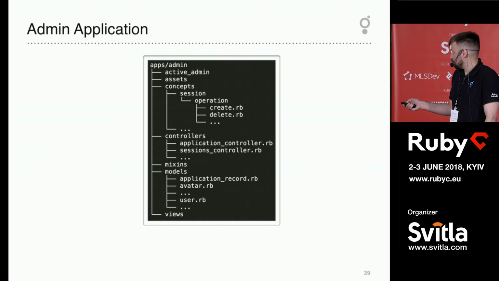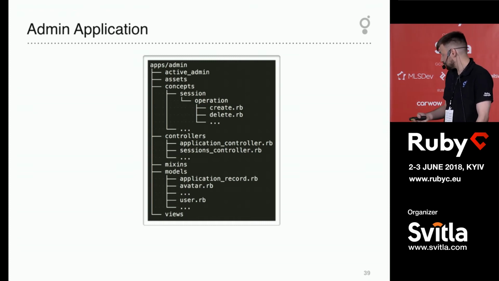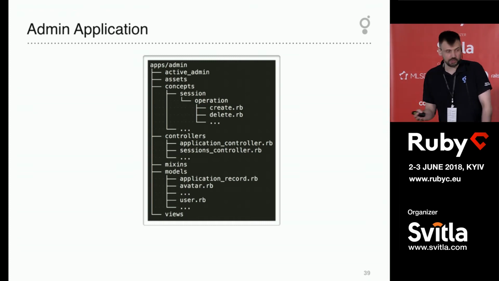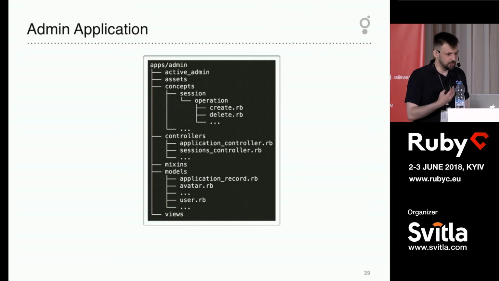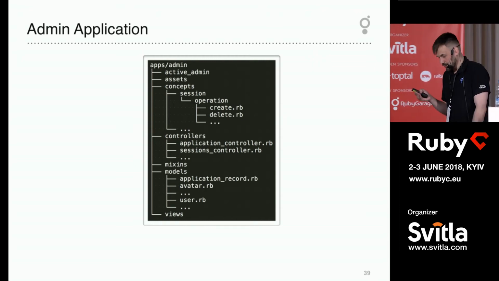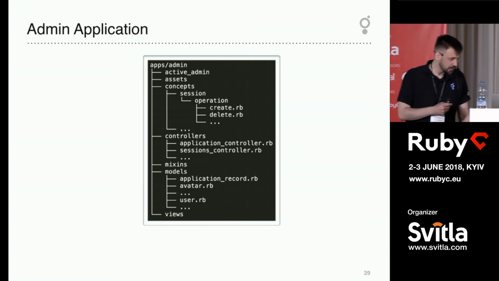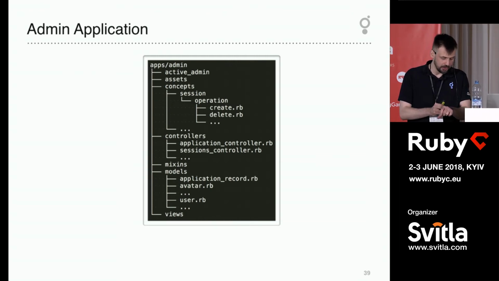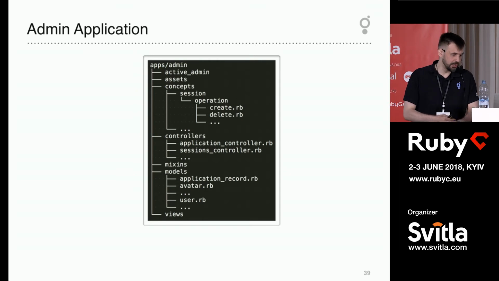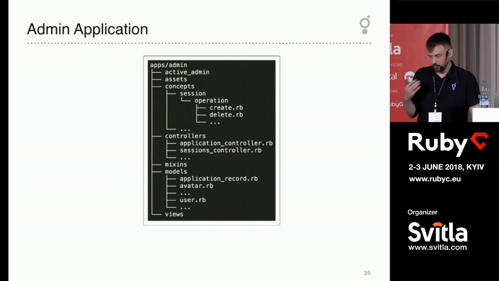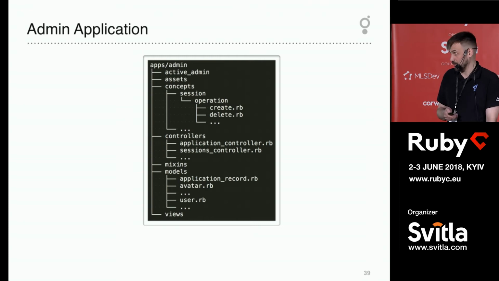Also, models will be on the application level, but we will not use these models in our domain logic. These models will be created only for ActiveAdmin, to let it generate the admin panel very quickly.